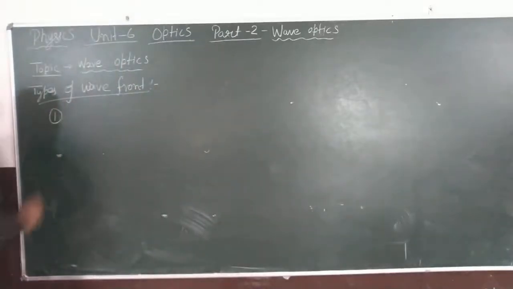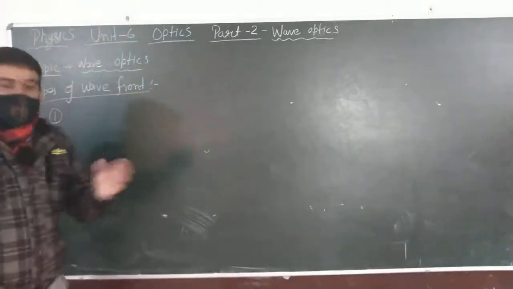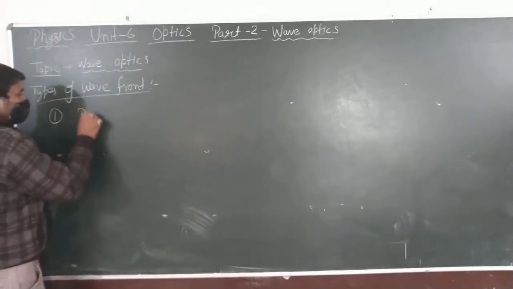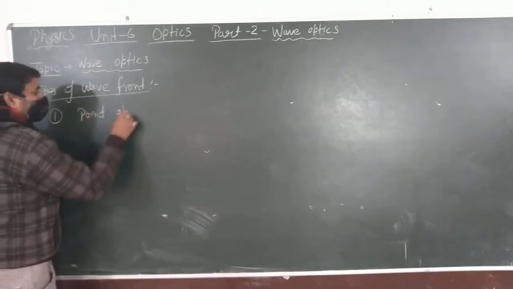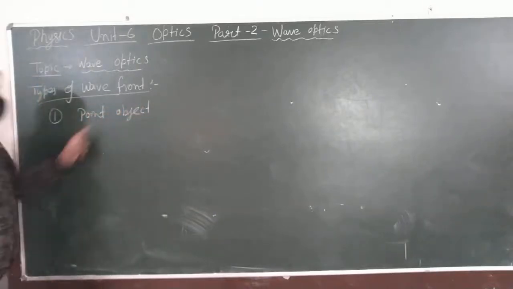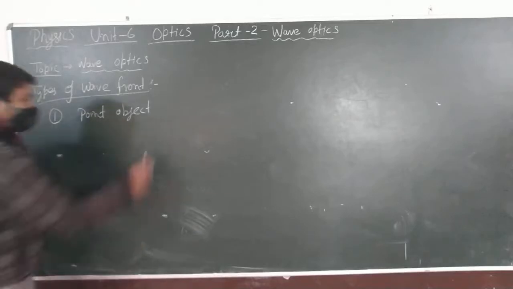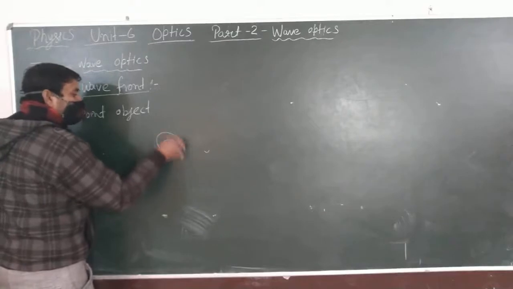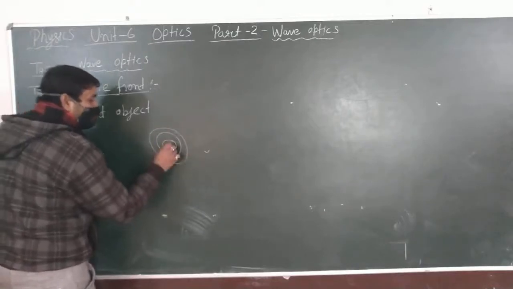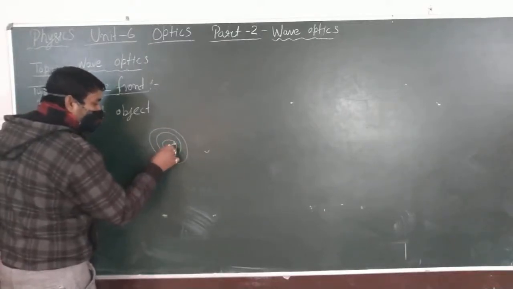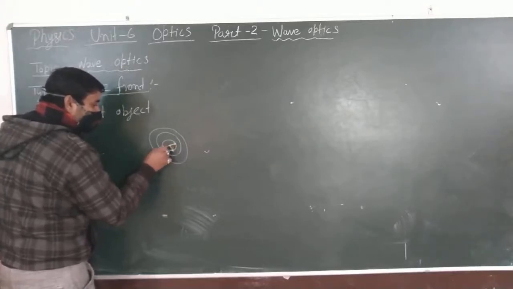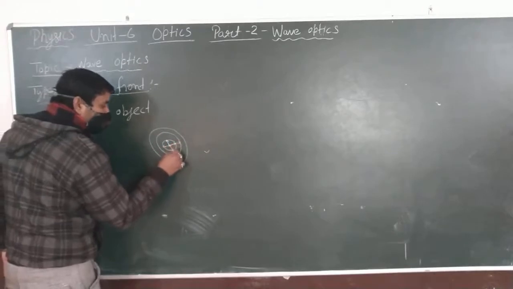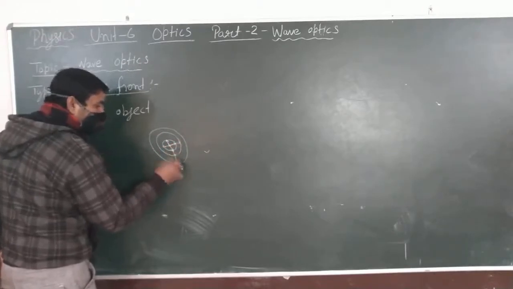One is when we have a point object which illuminates light. When the light travels from the point object, we observe that it travels in concentric spheres, and each sphere behaves like a wavefront.